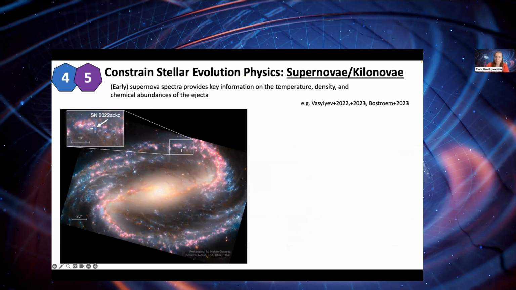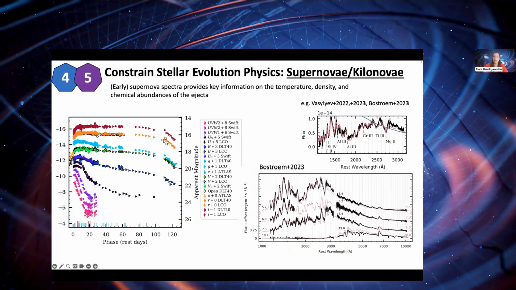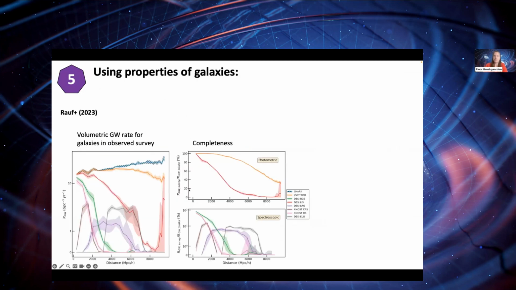Similar constraints can be found from other observations, many electromagnetic observations, such as supernovae. These supernovae that we're catching really early tell an interesting story about the mass loss of these stars at the end of their lives, which becomes really important to understand the pre-supernova conditions, but also the supernova conditions of these massive stars.